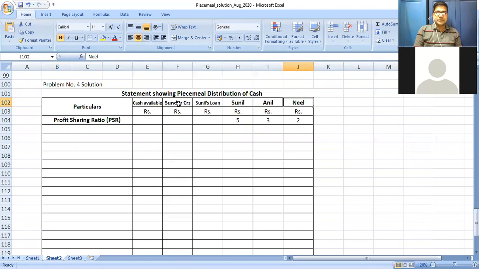These are liabilities, two liabilities are there. First liability sundry creditors, second one Sunil's loan. Profit sharing ratio is provided as 5 is to 3 is to 2. Then after that, we will write here balance.